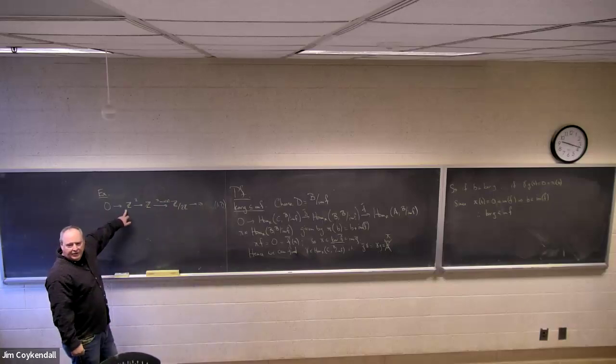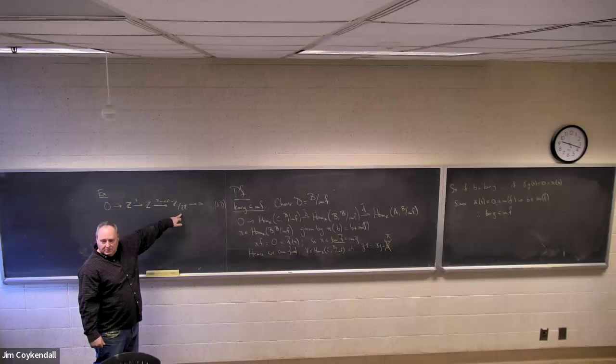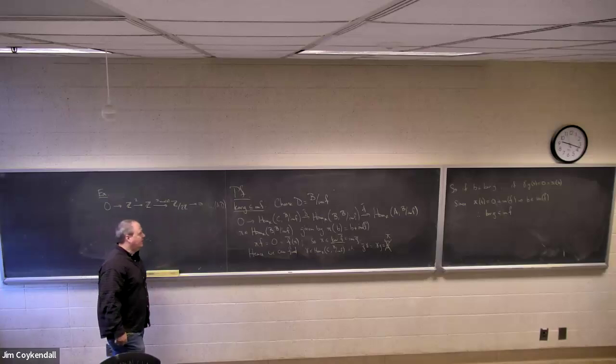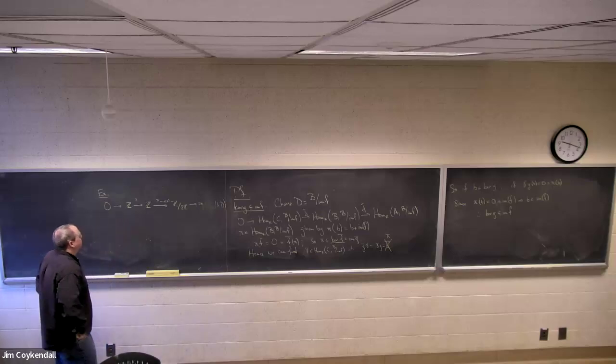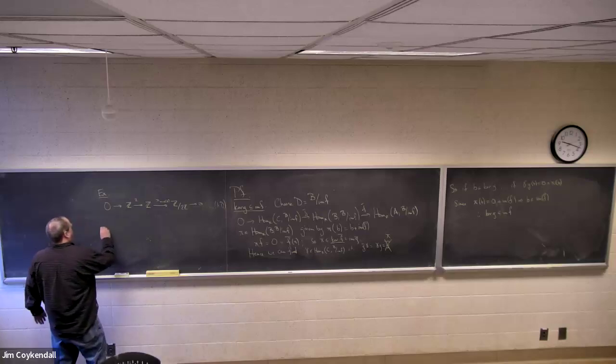This is the exact sequence where I double my input, and then my map from here to here just reduces mod 2. It's easy to see this is an exact sequence. What happens when I hom this? Let's hom this and see.